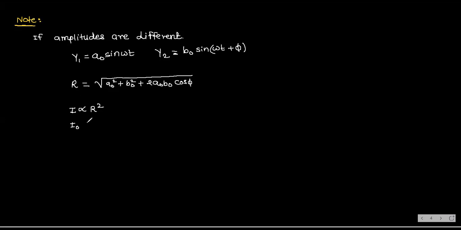I naught is proportional to a naught square, or I1 we will keep, because we have another one also, that is b naught, then we cannot keep I naught 2 or something. So better I will keep here I1. So I1 is proportional to a naught square. This is I2, which is proportional to b naught square. And if I want to write this I, then I will write like this.